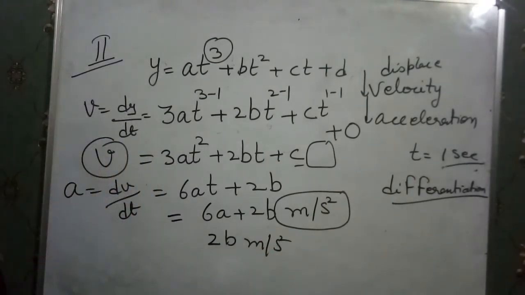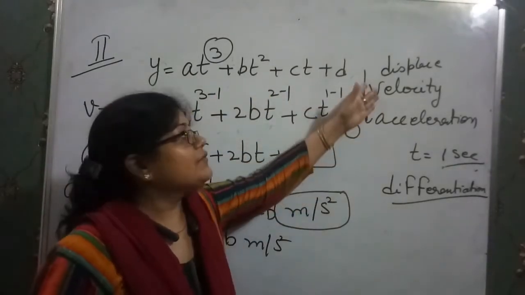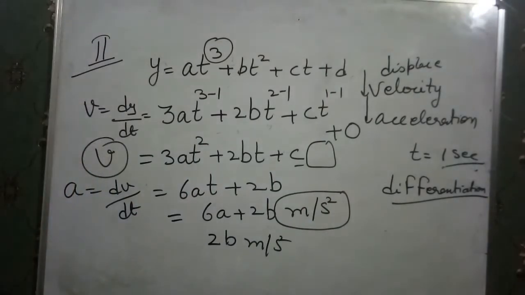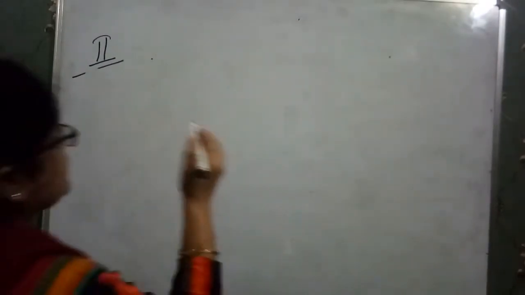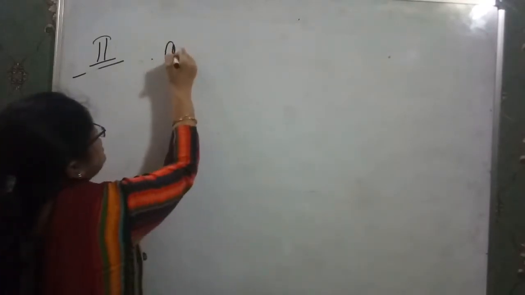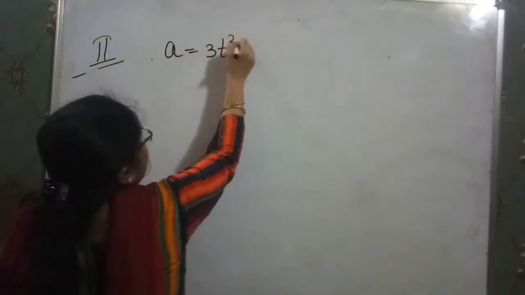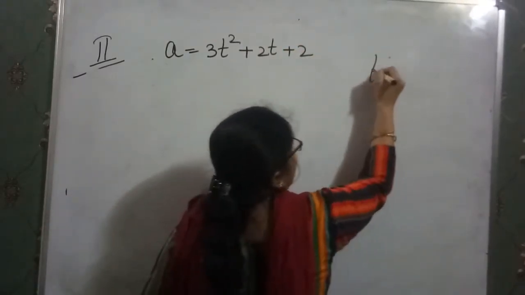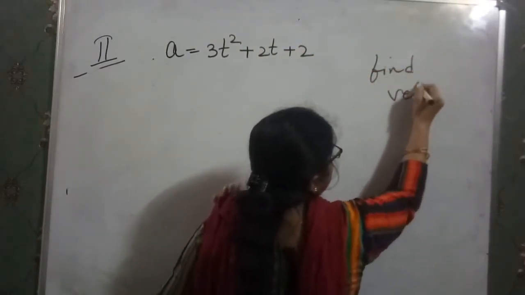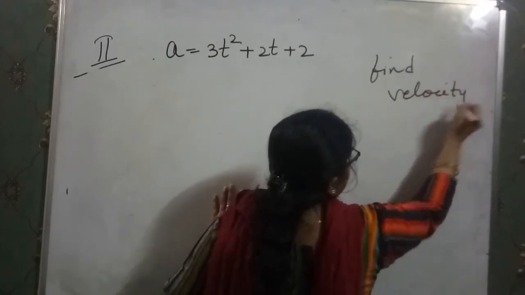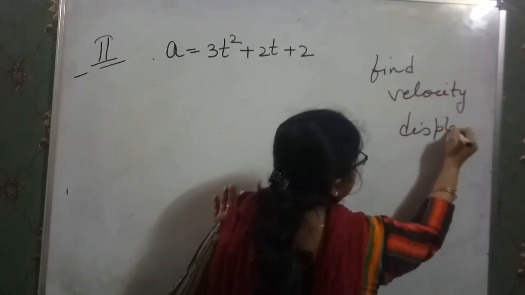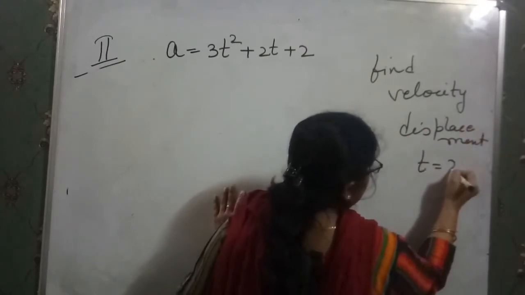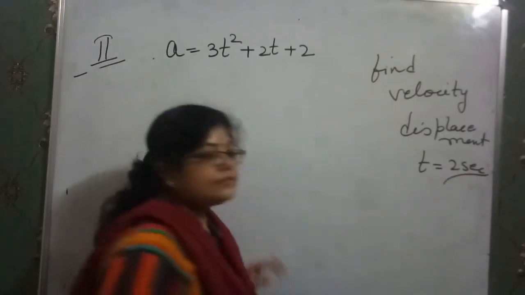Now the next conversion: if acceleration is given and we have to find the velocity or displacement, how will we do it? Just see that. Now next topic: if acceleration is equal to 3t square plus 2t plus 2, and we have to find the velocity and the distance covered, that is the displacement, after t equal to 2 seconds.